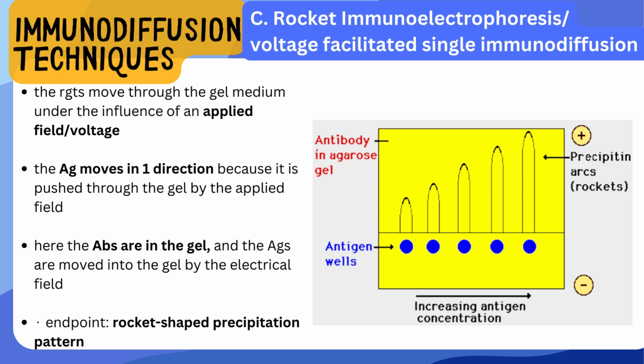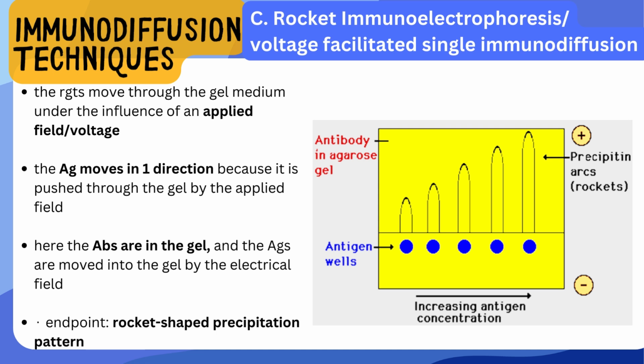The reagents move through the gel medium under the influence of an applied field or voltage, and the antigen moves in one direction. We have the antigen wells here, and the endpoint will be the precipitin arcs or the rockets. Here the antibodies are in the gel, and the antigens are moved in the gel because an electrical current or electrical field is being applied.